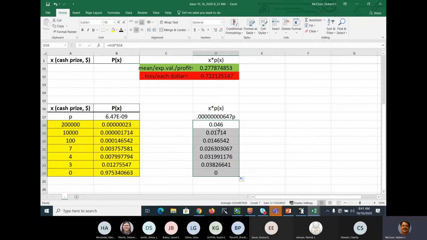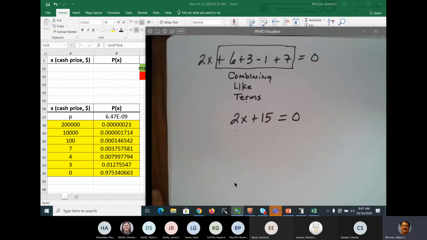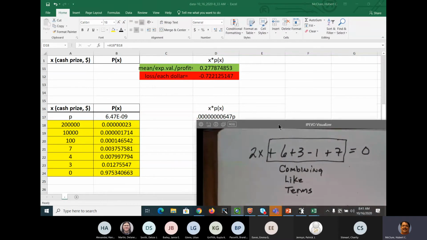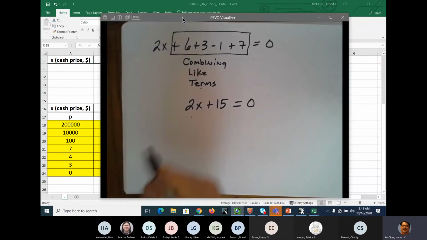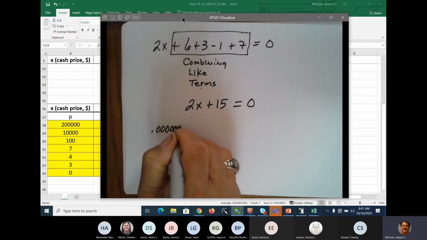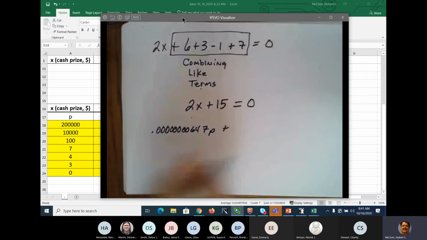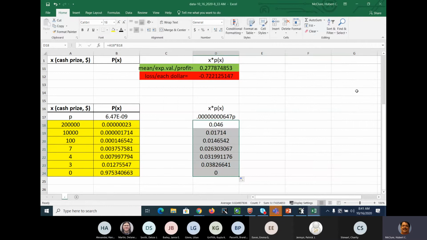So I'm going to rewrite this very small number right there: 0.00000000647 p plus, and I'm going to write a couple of these numbers, but not all of them. 0.046 plus 0.01714 plus 0. And what am I going to do with all of these numbers that are just numbers?